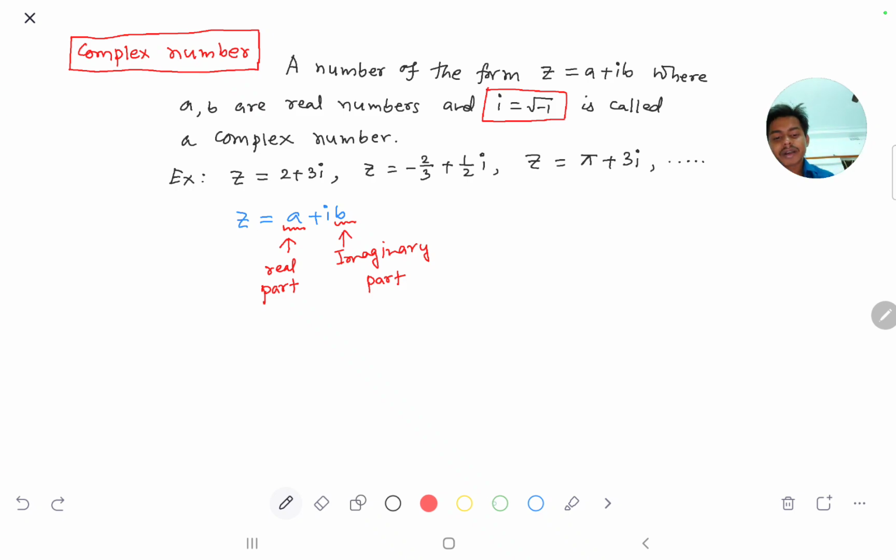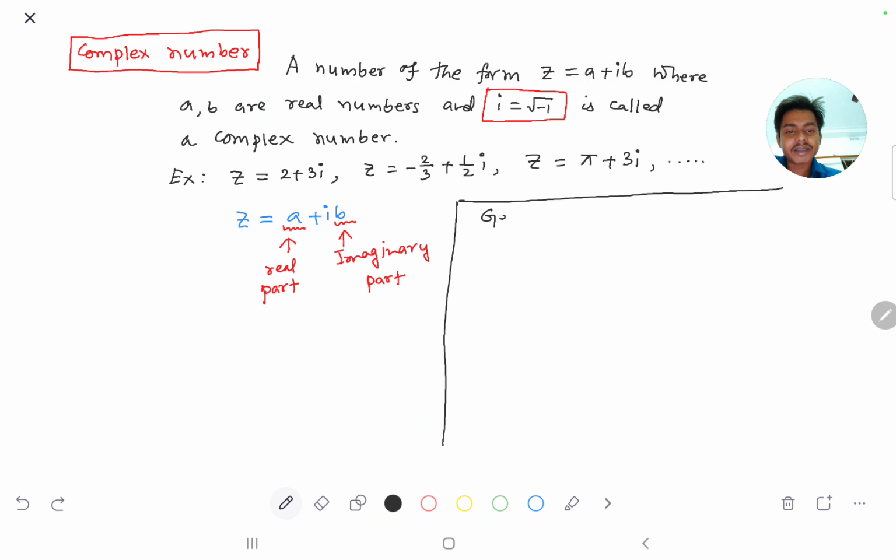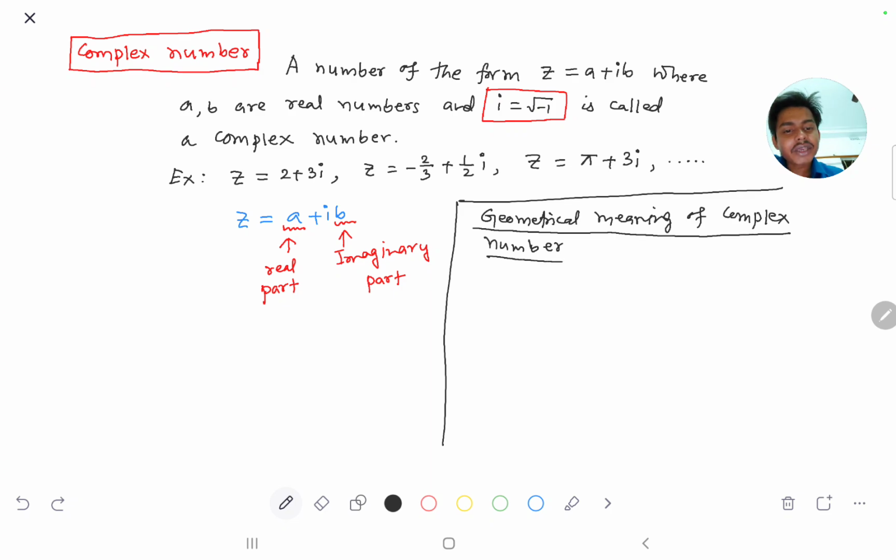Now we see the geometrical meaning of a complex number. Since we know any real number, we can geometrically represent it as a length. How?